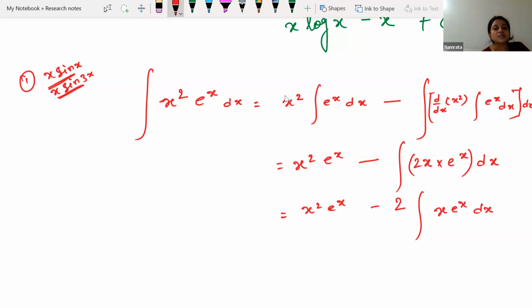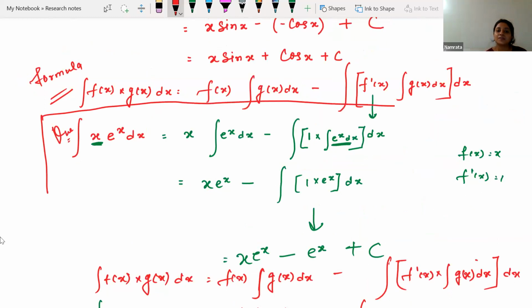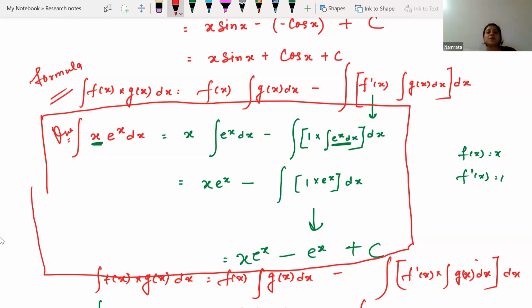So what should be done? Again, we have to do the integration of this one by parts. Okay, how? Just like this one. Can you see it? The integration of x e to the power x, what we have got?